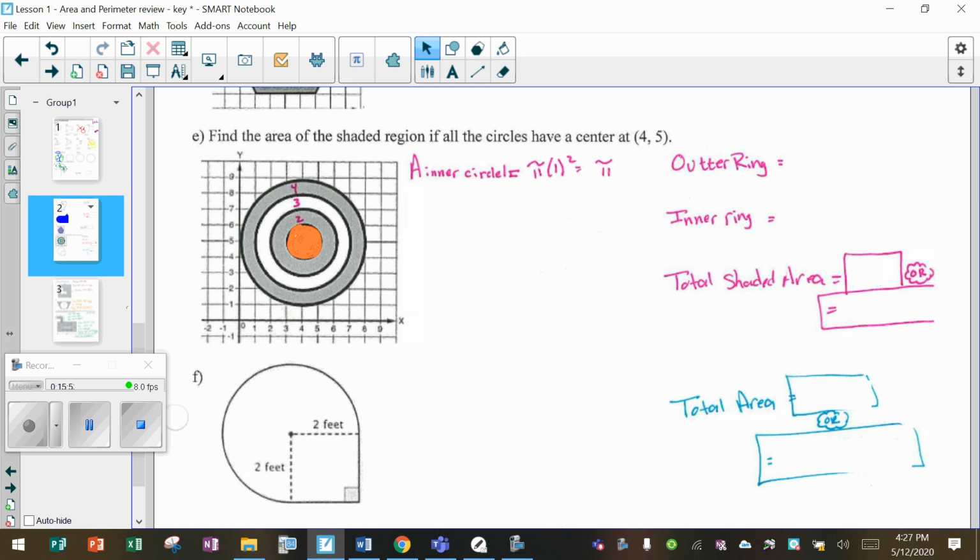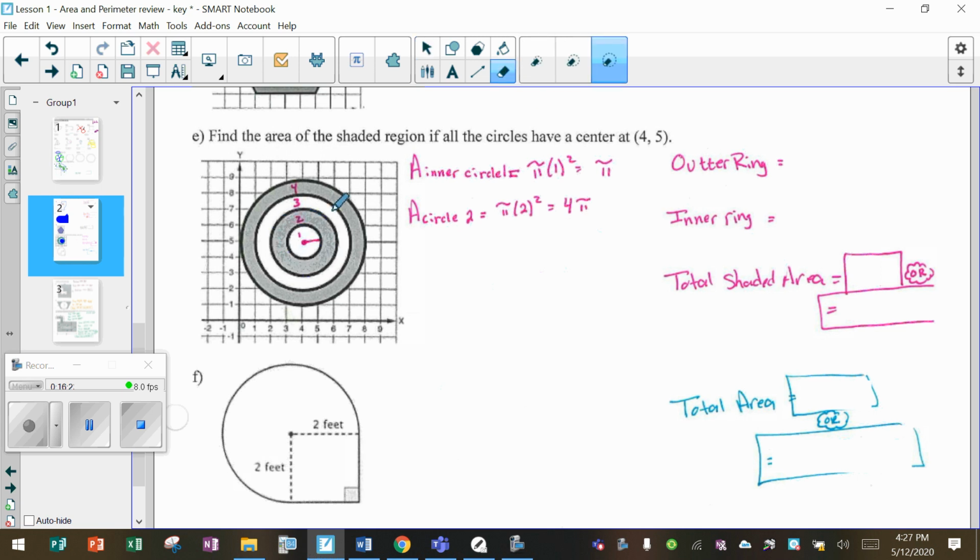The next circle out from the very center of our bullseye to the outer ring, I label it circle number 2. It's going to go from the center to the outer ring. I'm essentially getting the area of this whole circle here. Pi r squared, radius is 2, area is 4 pi.